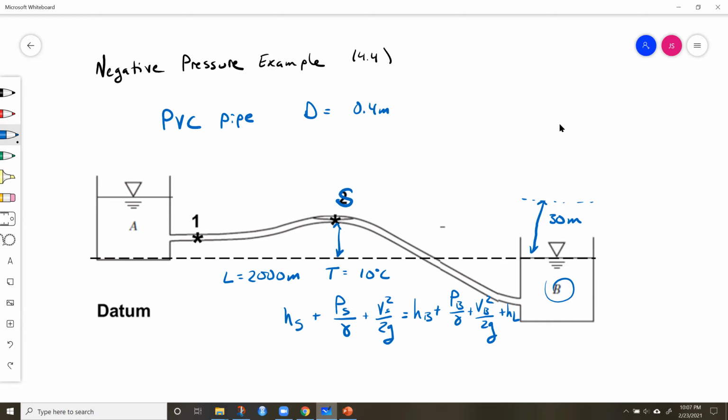So of course we can cross some stuff out. We do know that we have pressure here. We do know we have velocity, right? If we set our datum to be right here, then we can cross that out.